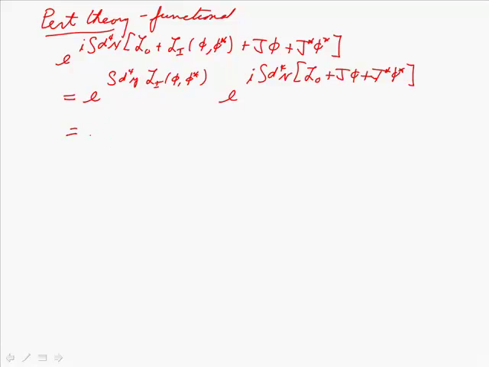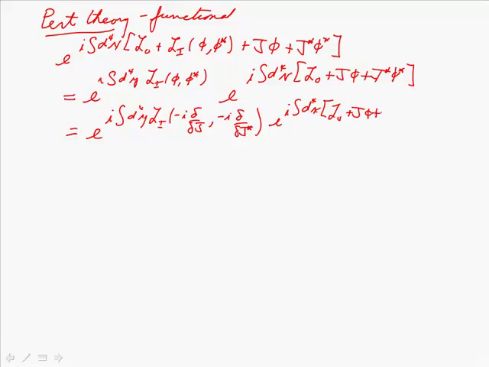So there's no commutation stuff, just numbers. The trick then is you write this, there was an i there, sorry, integral d4y, L interaction of minus i delta/delta j, minus i delta/delta j star, e to the i integral d4x, L0 plus j phi plus j star phi star.